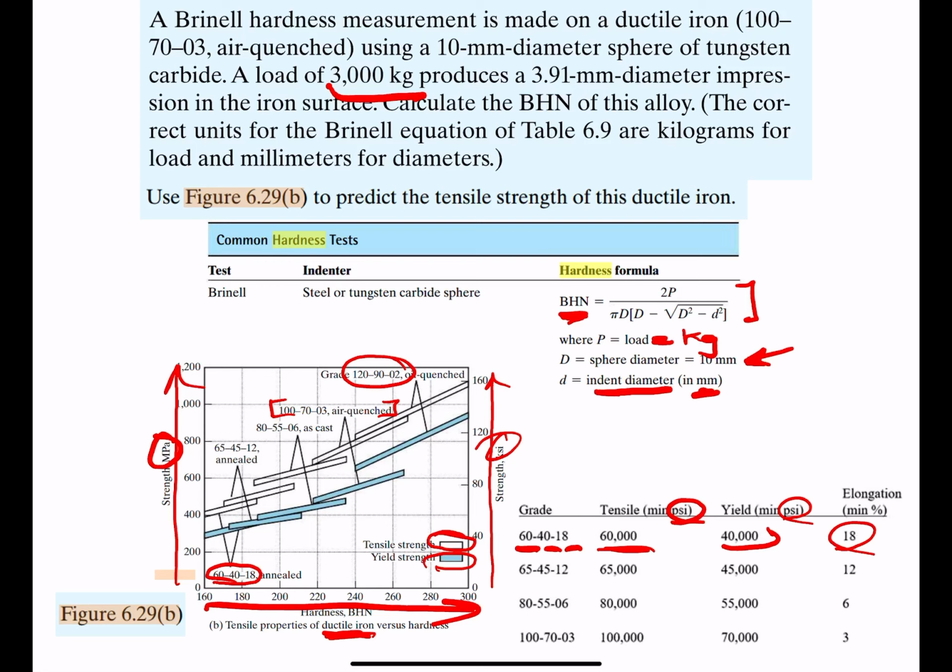Calculate the BHN value for the alloy. And the second part is to predict the tensile strength of the ductile iron. We'll come back to this graph in a moment, but it looks like we have a little bit of work to do. So we're going to use this equation first and simply plug and chug on the right-hand side to get the BHN value.